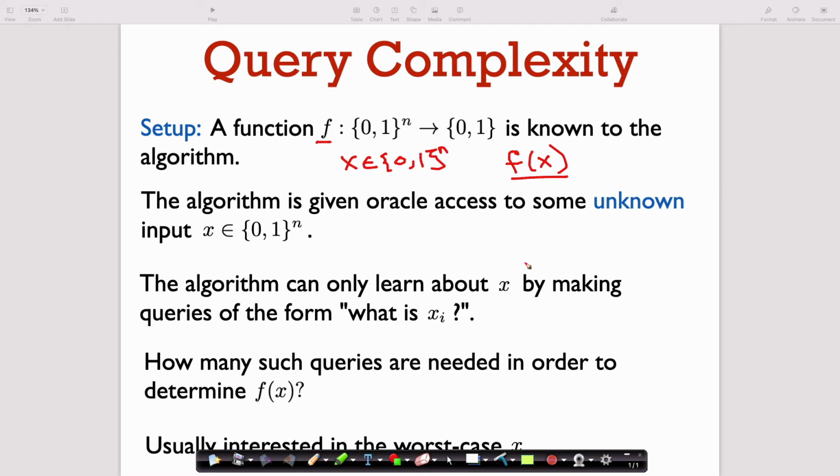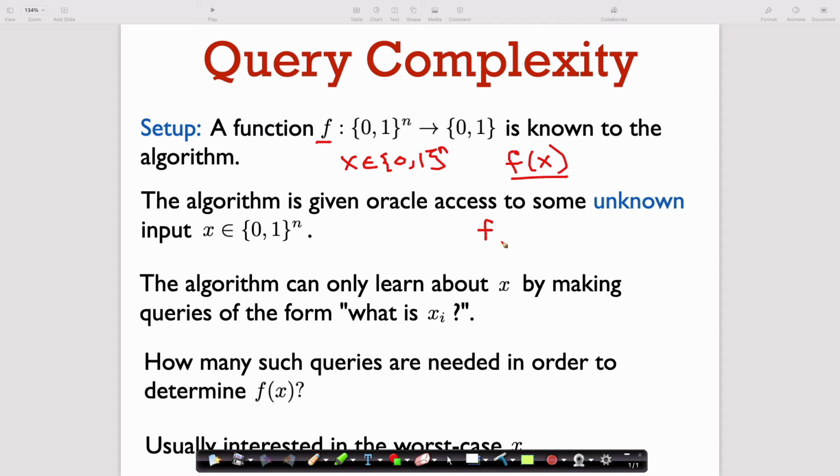I should just mention that the notation here is a little bit different than what we've been using when we talked about the Deutsch-Jozsa problem or Simon's problem. In those cases, we referred to the input as a function f, and in the case of Deutsch-Jozsa, we wanted to determine if that function was balanced or constant.